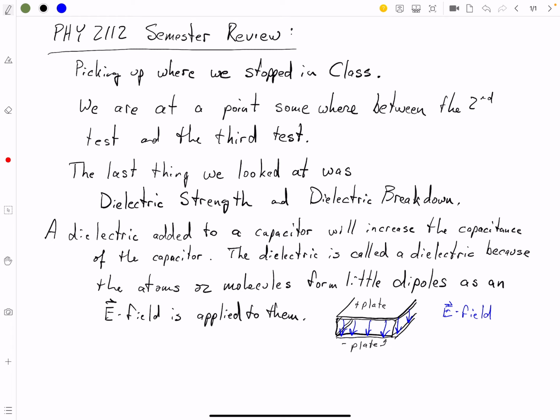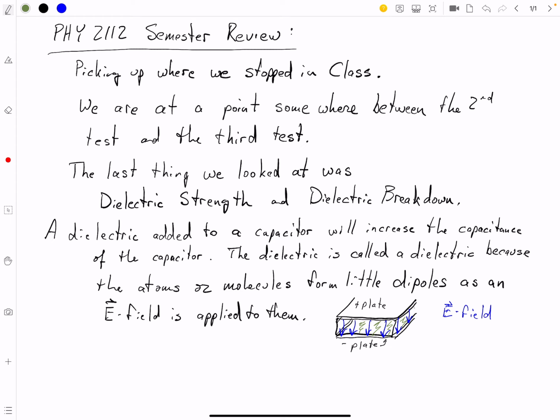A dielectric is called a dielectric because the atoms and molecules form little dipoles as the E field is applied to them. So we have the positive plate on top, the negative plate on the bottom, and a dielectric in the middle. Let's color it green.